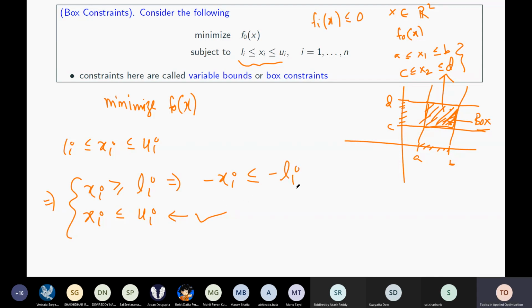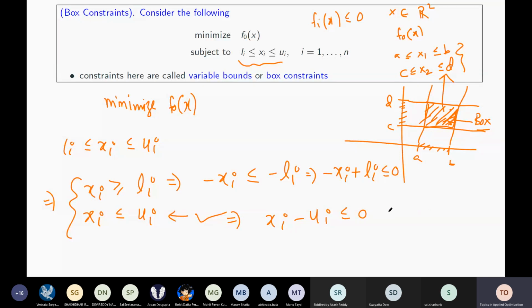Now we are still not in standard form. We have to move these terms to the left. So this implies minus Xi plus Li is less than or equal to 0, and for the other, Xi minus Ui is less than or equal to 0.